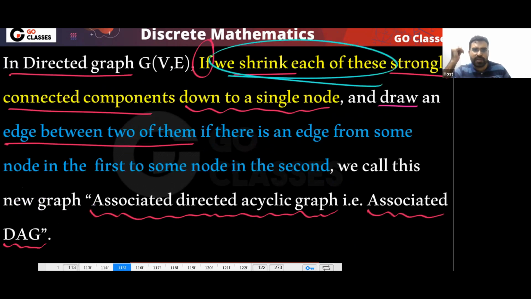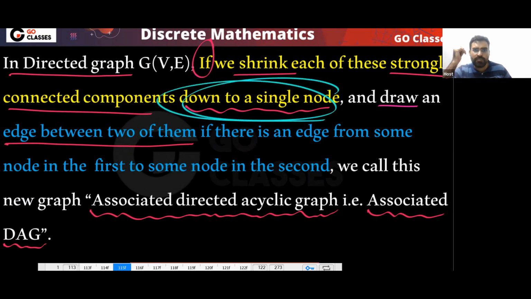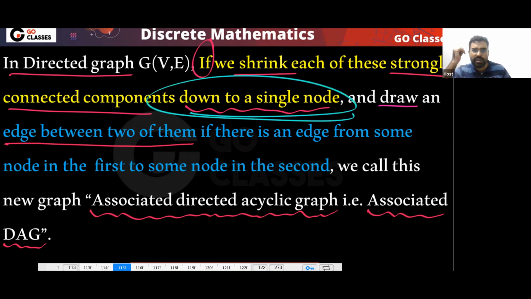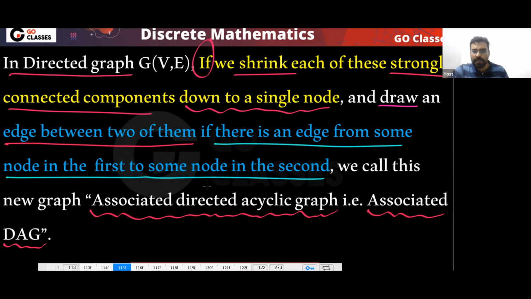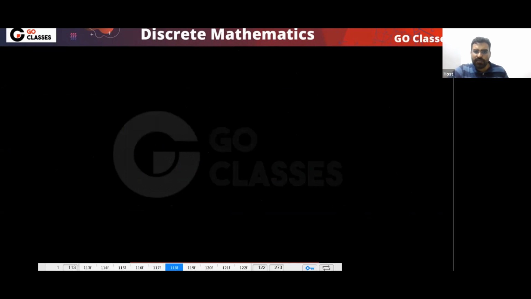If we shrink each strongly connected component down to one vertex, and we put an edge if there is an edge from some vertex in the first to some vertex in the second, then this new graph we call the associated DAG, because it is acyclic.